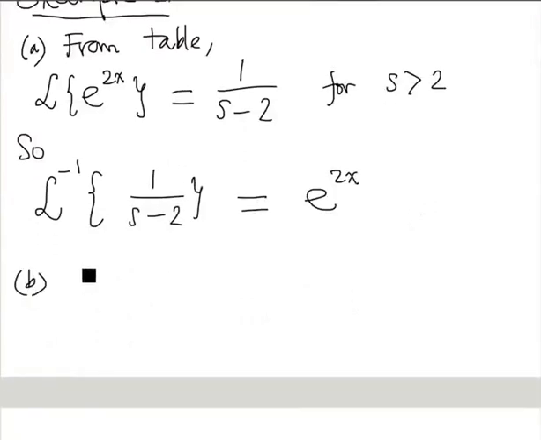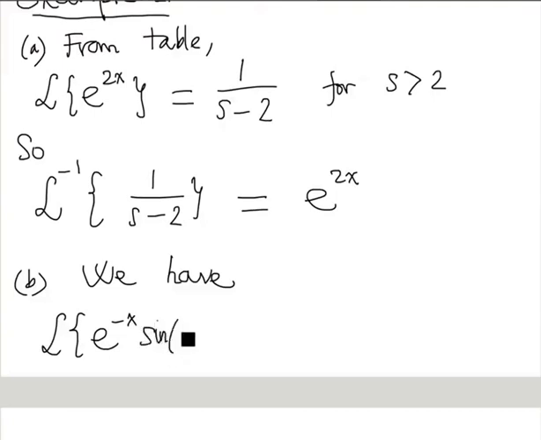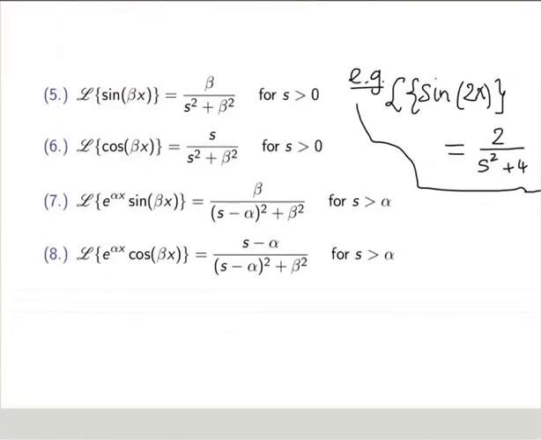Now similarly, from the table, we have the Laplace transform of e to the negative x sine 2x, an exponential and sine. So let's look at formula number 7 here.